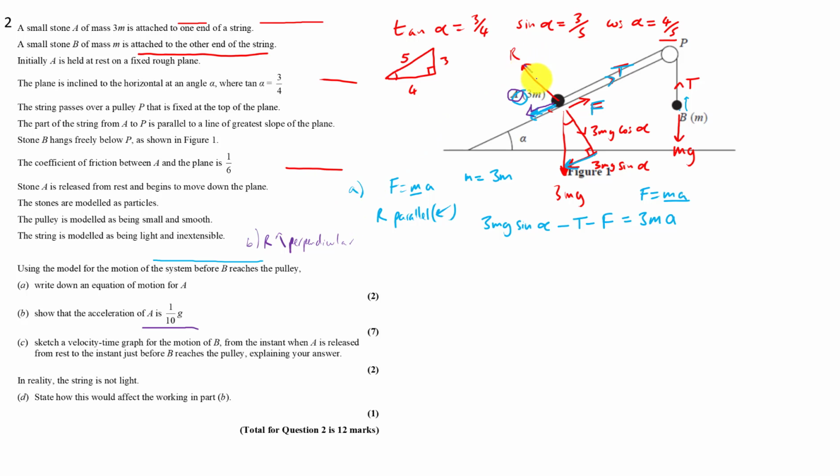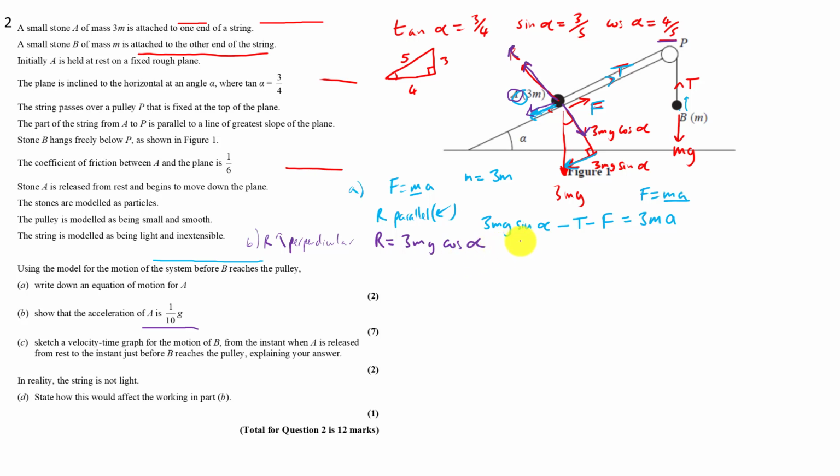So this is what we're resolving here, this R. So what we're going to get is R equals this here, 3mg cos alpha. We do have this figure here, and we'll substitute that in at the end.